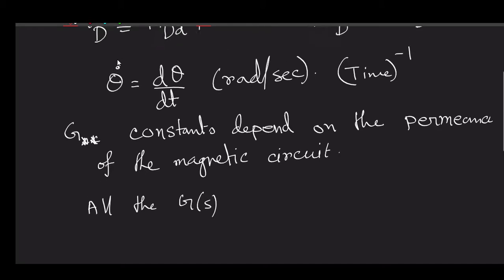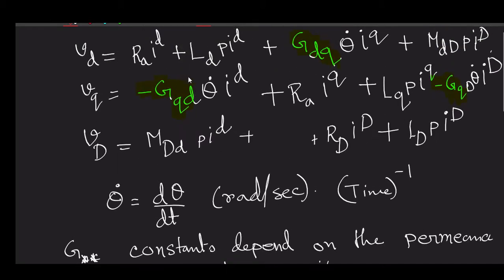how they are related? See, they are related like this, doing this P I D in steady state. What we know is that P is equal to j omega, or P can be viewed as, how we define the operator P? P was defined as d dt. So therefore P has a dimension of time inverse.